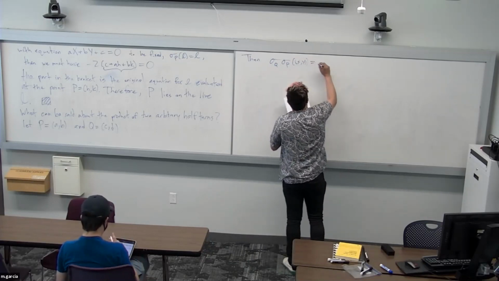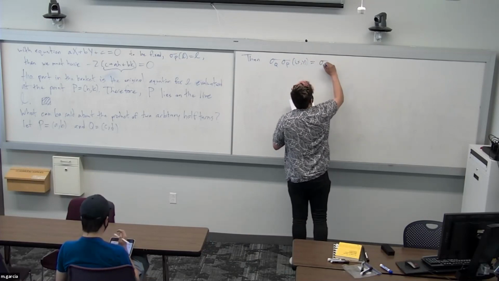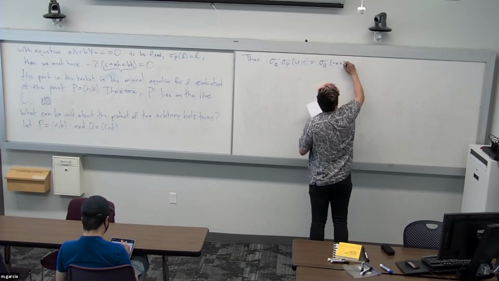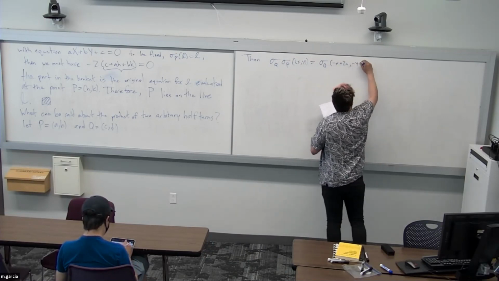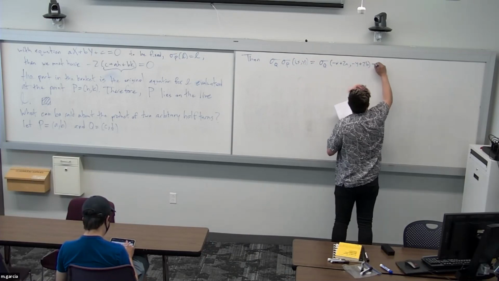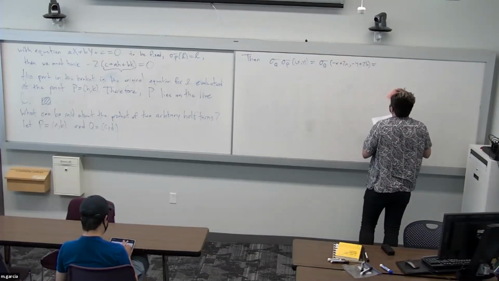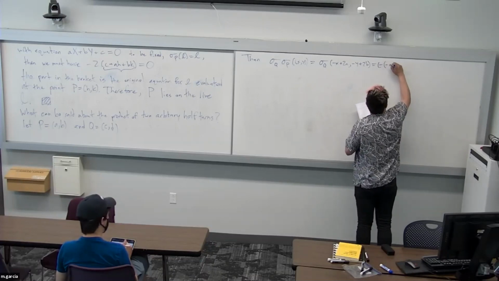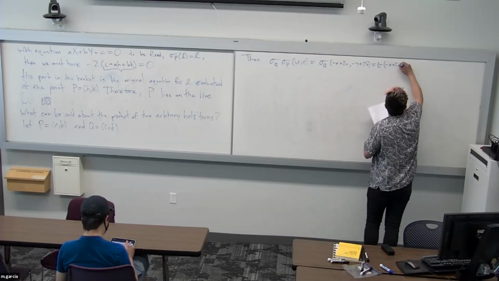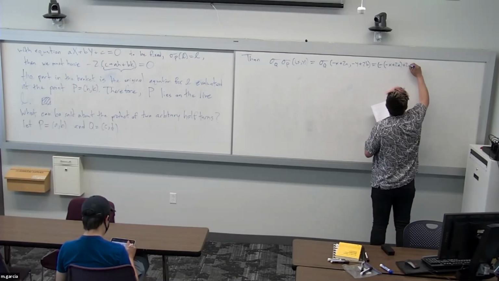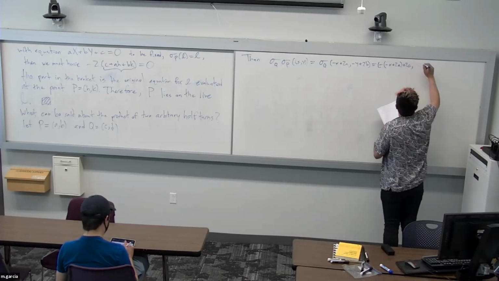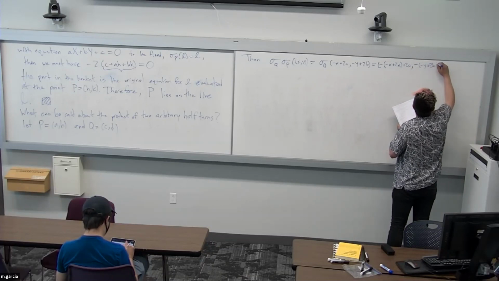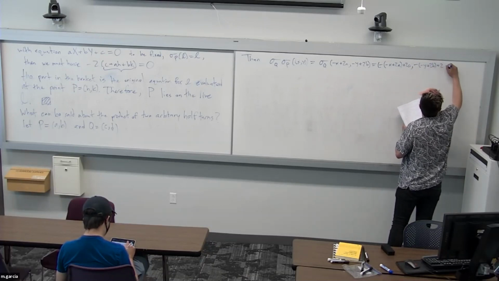what do we get? Well, you get sigma sub q of (negative x plus 2a, negative y plus 2b). We apply sigma sub q, and we get (negative x plus 2a plus 2c, negative y plus 2b plus 2d).